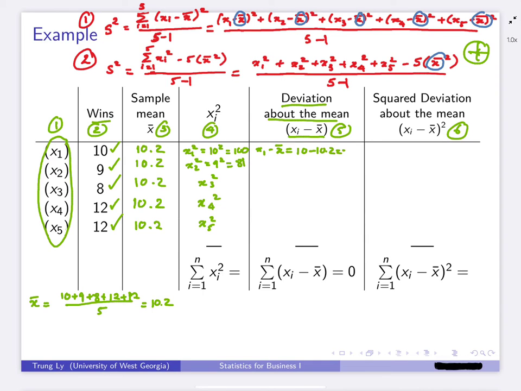That gives you negative 0.2. The second observation is x2 minus x bar, which is equal to 9 minus 10.2. That gives you negative 1.2. For the third observation, you're going to have x3 minus x bar. The fourth observation is x4 minus x bar. And then the last observation is x5 minus x bar.